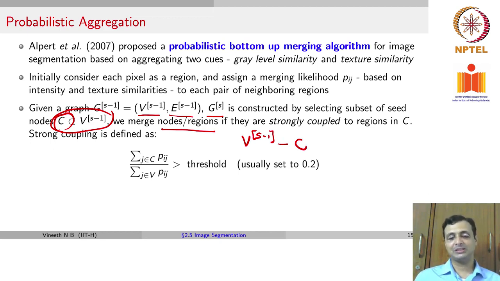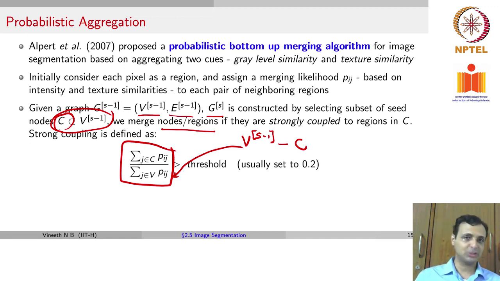You consider those pixels, and for whichever pixels you have the summation of Pij, j belonging to C, divided by the summation over j belonging to Vs-1 minus C of Pij, when this ratio is greater than a threshold, you know that there are certain pixels that are quite likely to merge with the pixels in the region C itself.